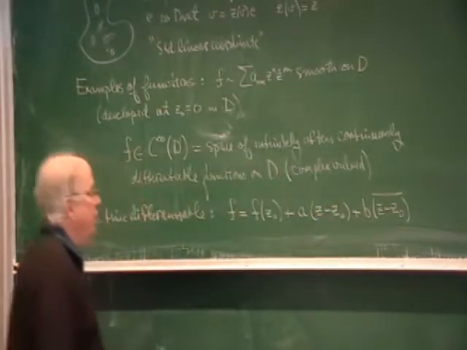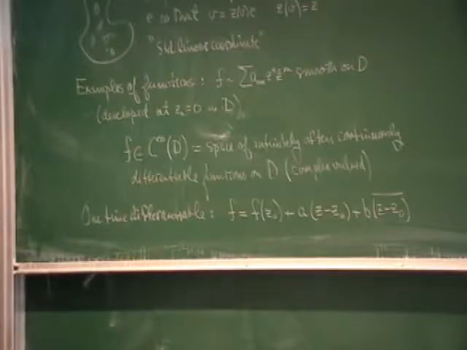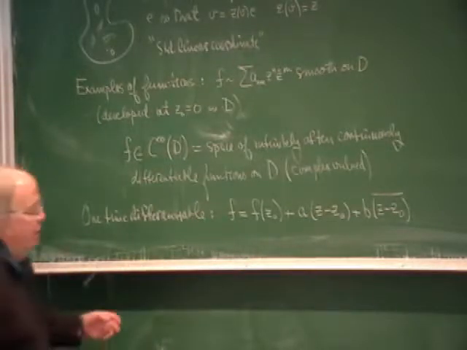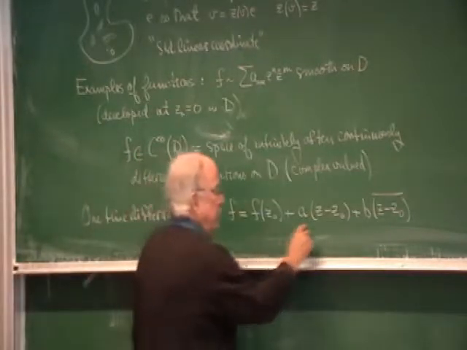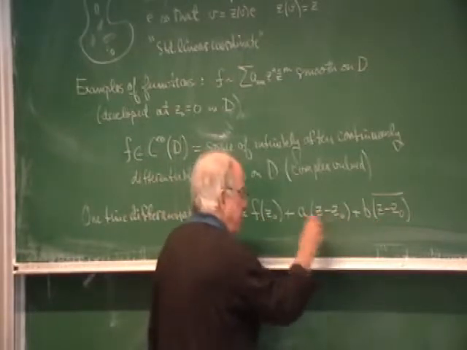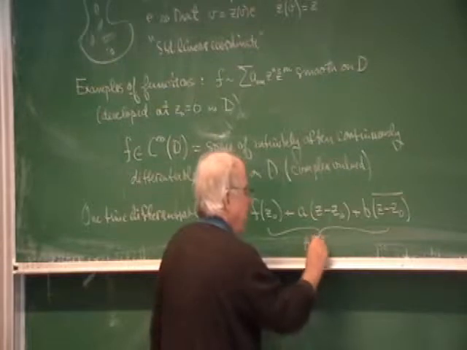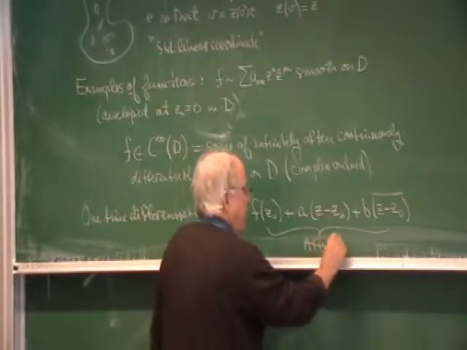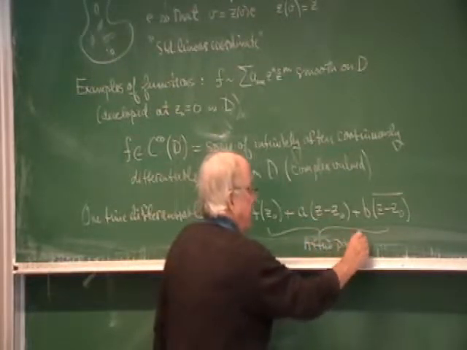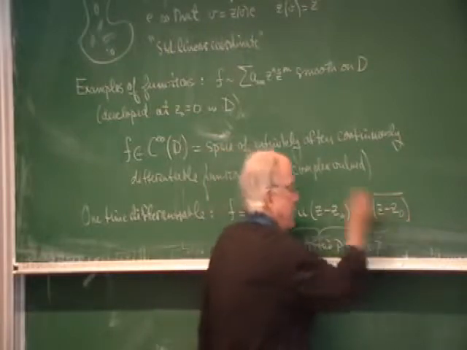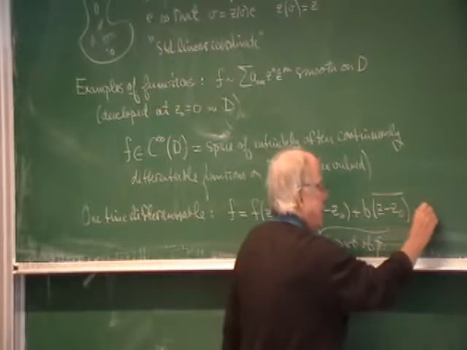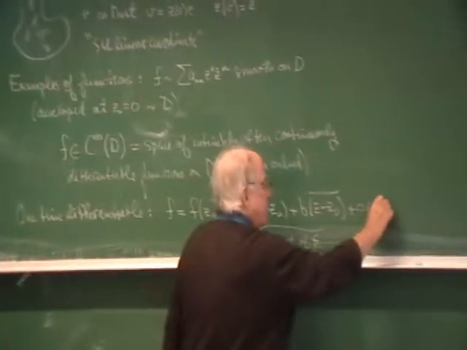Using the coordinate, we have the advantage of being able to write down the affine part of the function, so translation, and then this essentially linear part after the translation. So this is the affine part, plus a small error term.